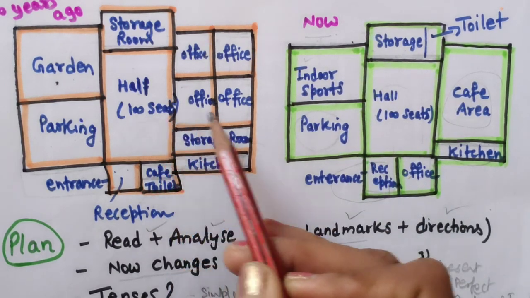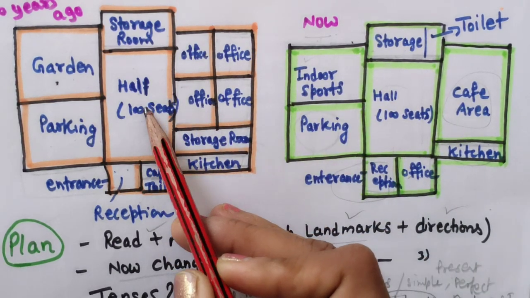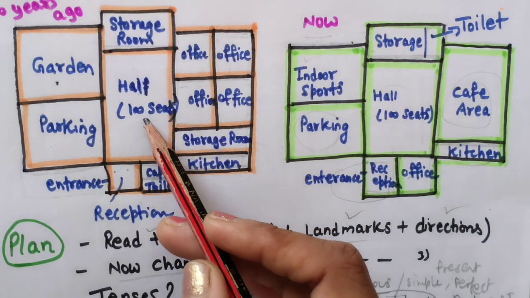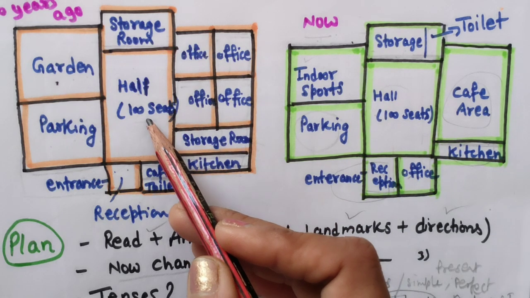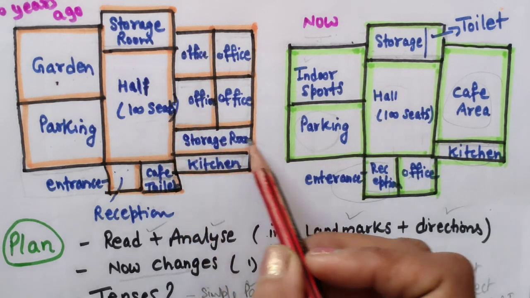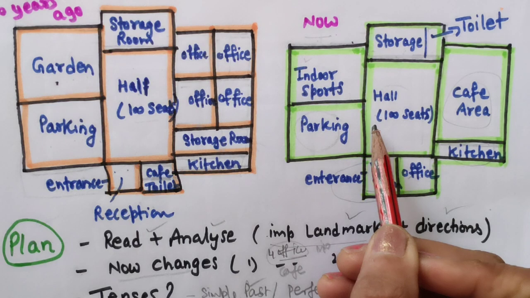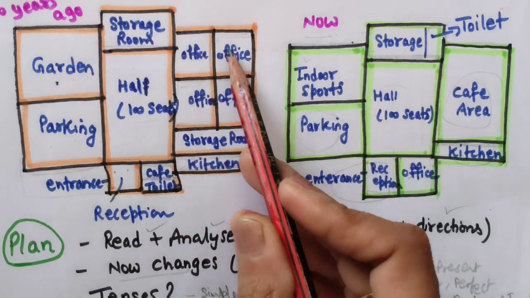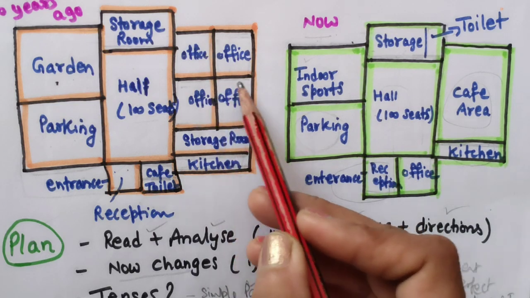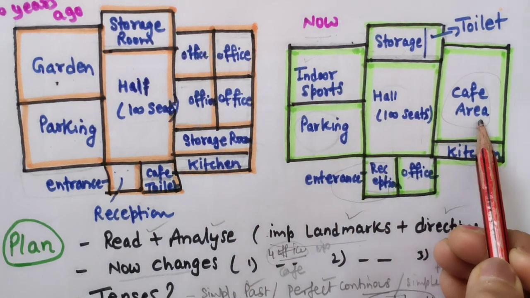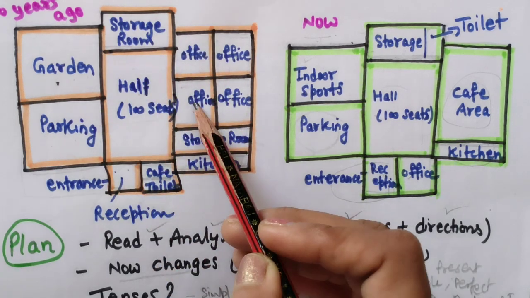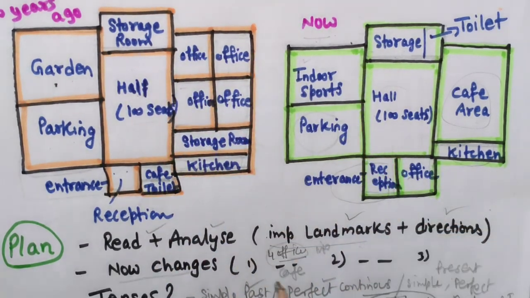Looking at it category-wise, the hall in the community center remained untouched or unchanged. In this way you can take categories, like 4 office rooms, they have been converted into a full-fledged cafe area. So you can also write this way, but I have written first map and then second map.